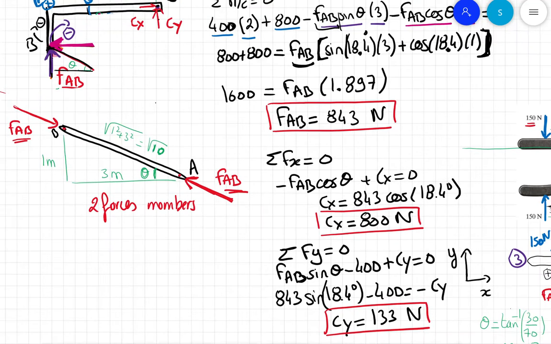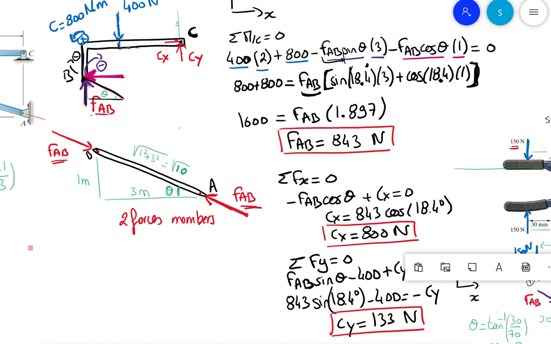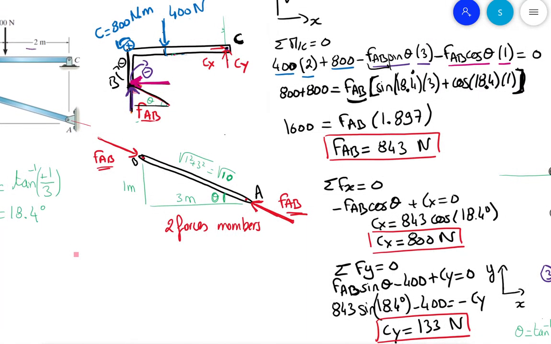Okay, so here we go. We solved all our unknowns. That's another problem to the right. So we solved for FAB, we solved for Cx, and we solved for Cy.